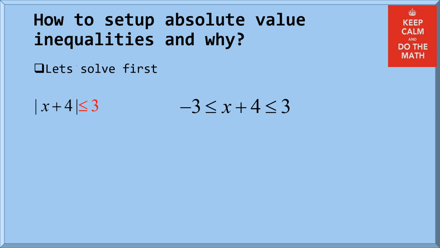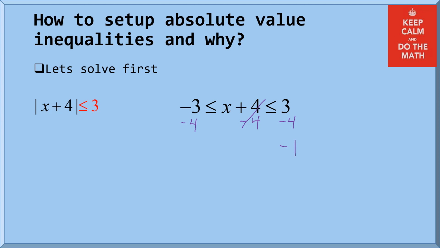Let's go ahead and solve these first, just to demonstrate the solving of inequalities. So here I have my x plus 4 in the middle. So again, it's a compound inequality. So I can simply subtract 4 to get that away from x, but I need to do it on both ends because they represent two separate inequalities.